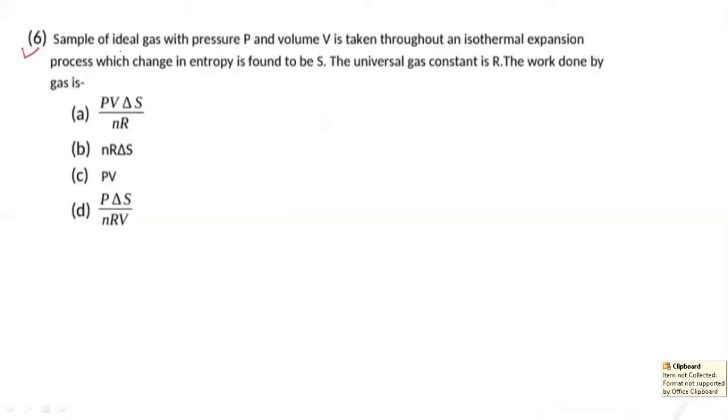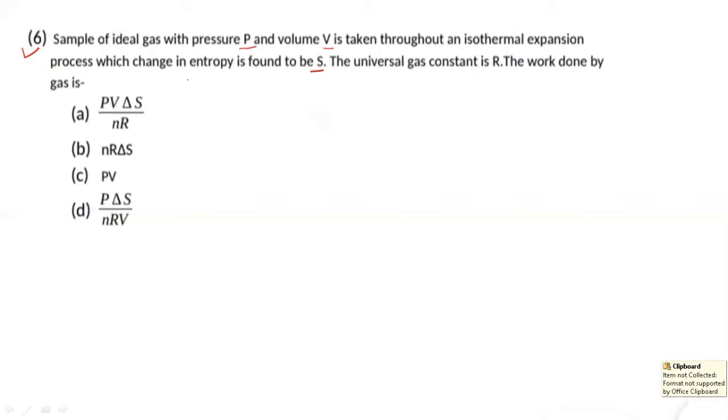Now let's see question number 6. A sample of ideal gas with pressure P and volume V is taken through an isothermal expansion process, with change in entropy found to be delta S. The universal gas constant is R, and the work done by the gas is what? You have 4 options here.